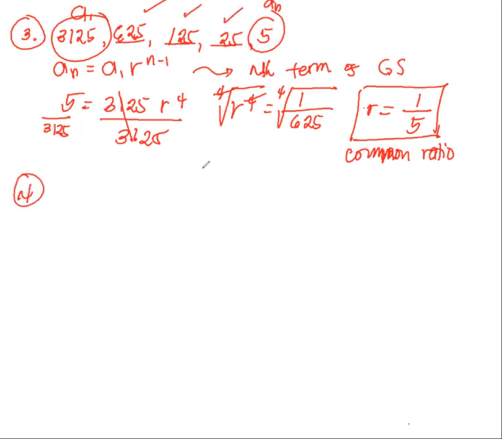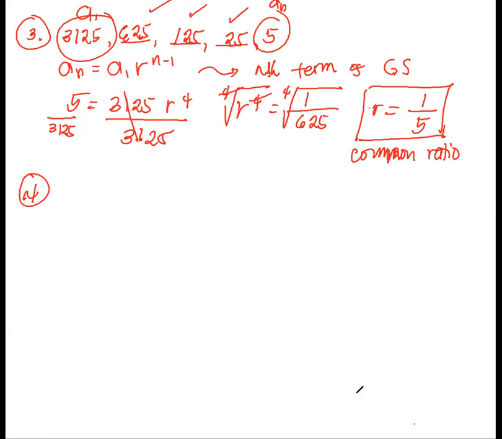For number 4, we have negative 25 over 8, blank, blank, blank, negative 32 over 25.